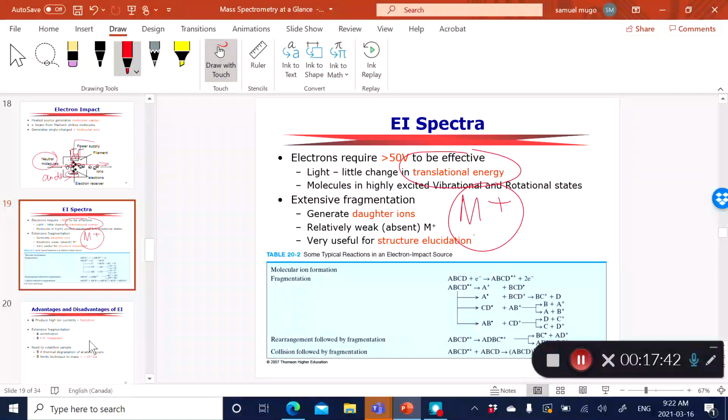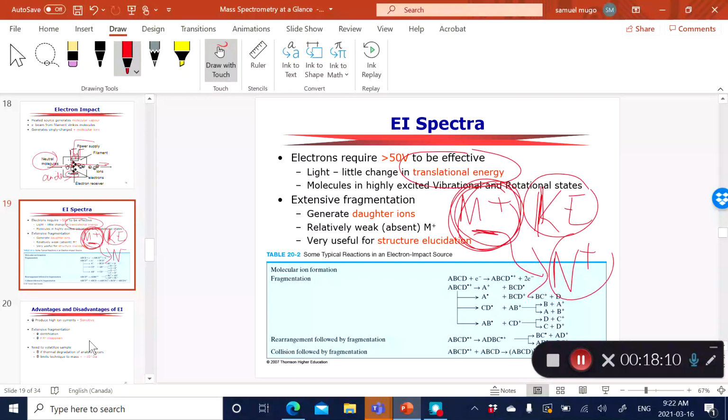Now, the analyte that is being ionized, because of this very volatile environment with a lot of collisions, typically the ion that you get is still of very high kinetic energy as well. And because of that, the kinetic energy within this ion moving at a very high speed also causes much further fragmentation.